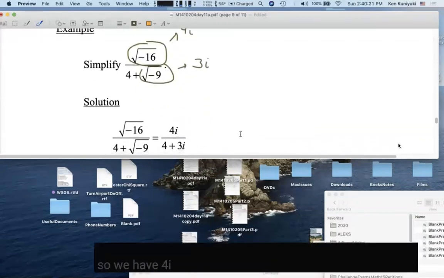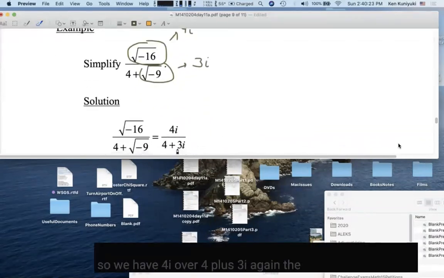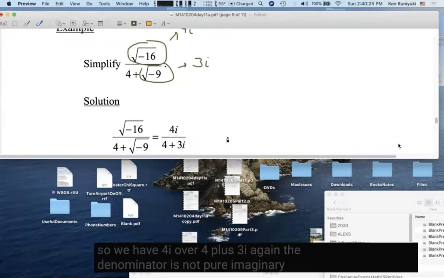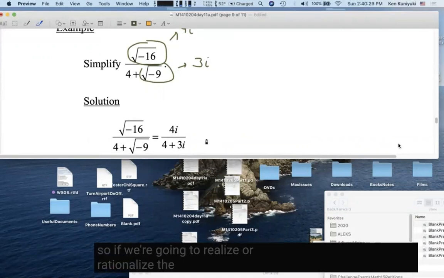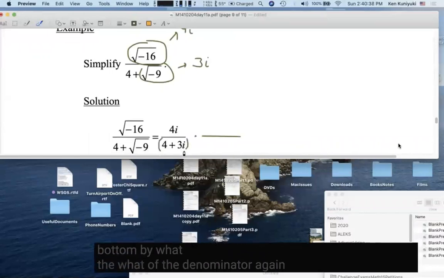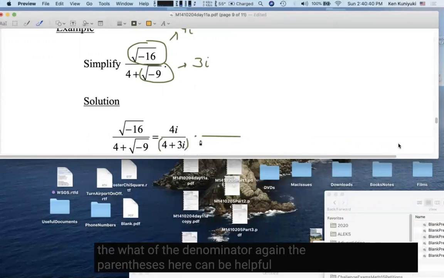So we have 4i over 4 plus 3i. Again, the denominator is not pure imaginary. So if we're going to rationalize the denominator, we should multiply the top and the bottom by what? The complex conjugate of the denominator. Again, the parentheses here can be helpful.